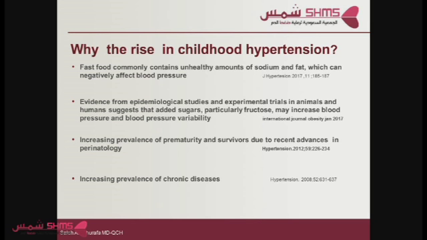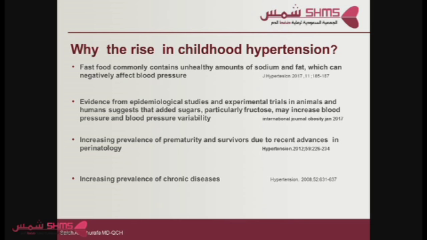Fast food commonly contains an unhealthy amount of sodium, and the Saudi FDA has now put a rule that they have to reduce salt by 30%, which I really congratulate them on, and maybe that will affect the prevalence of hypertension in kids.